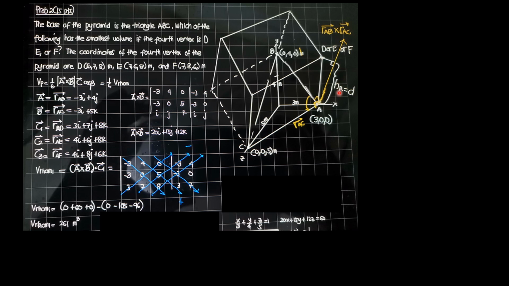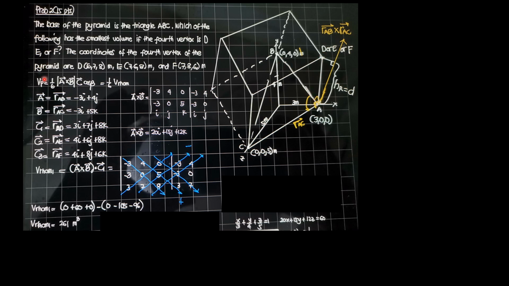And this perpendicular distance, or the height of the rhomboid, is the distance D, and it should be the lowest or nearest. The point with the lowest volume of pyramid is the one that is closest to the plane of ABC.